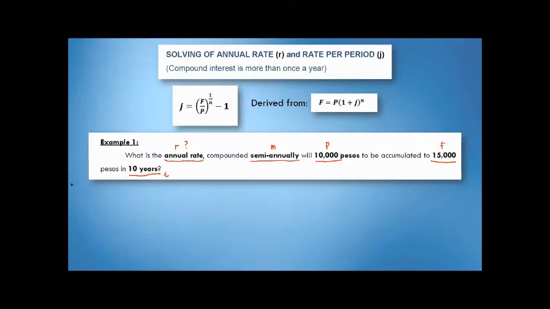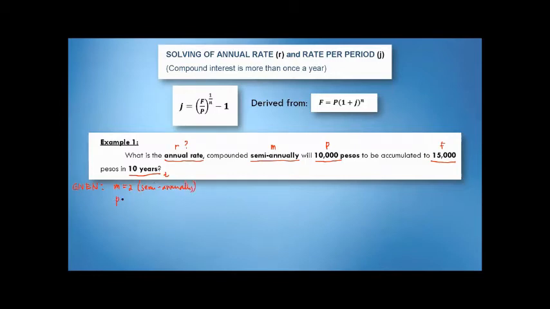So i-write natin ang given. We have the compounding period of 2 because of semi-annually.